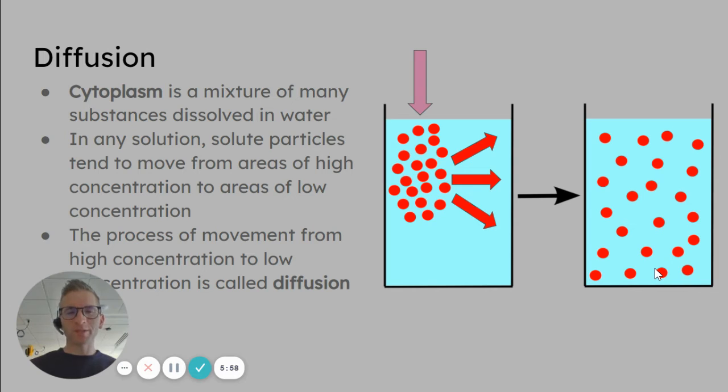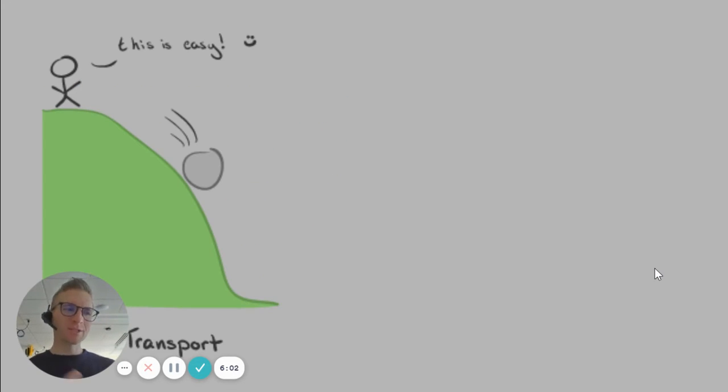It's free movement, and it's called diffusion. It's super easy, requires no energy. It's just like if you rolled a boulder up a hill, and that boulder, you could roll back down the hill without adding any energy, just with a little nudge. It requires very little, if any, energy.